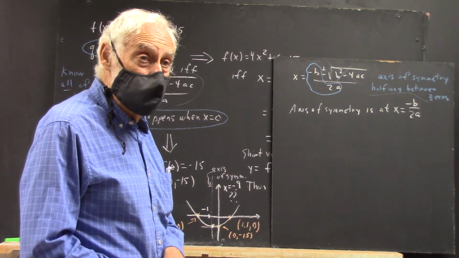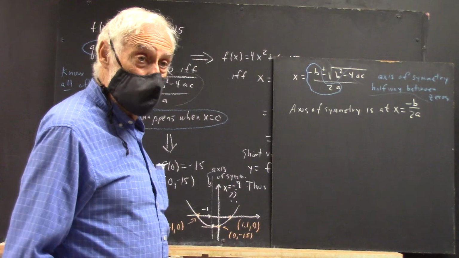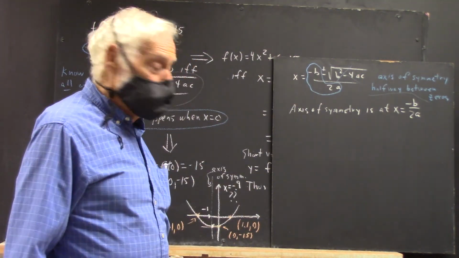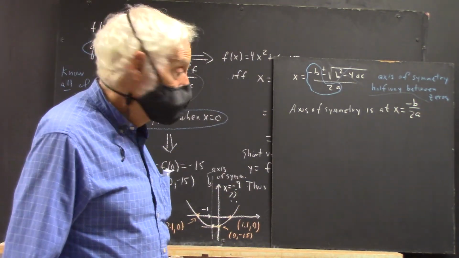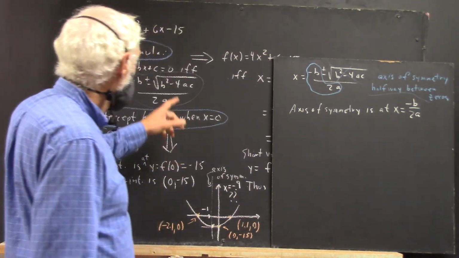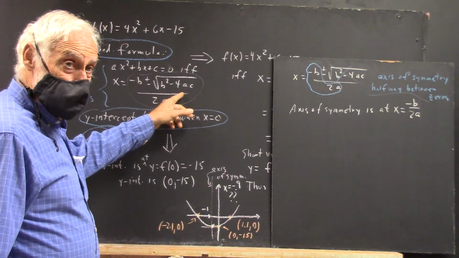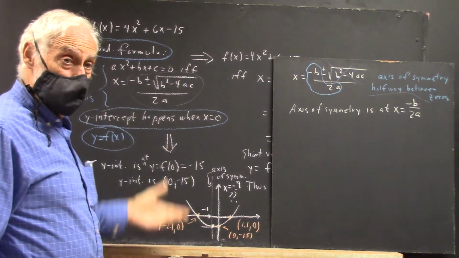Of course, it's possible that a parabola could be a little higher. You can vertically shift this, it's still a parabola. So high it doesn't go through the x-axis, right? Or an upside down parabola so low it doesn't go through the x-axis. In that case, you're going to get a negative under this thing. You can't do the square root of a negative, so that means there is no value of x.